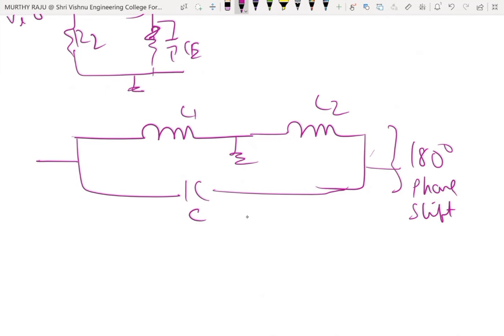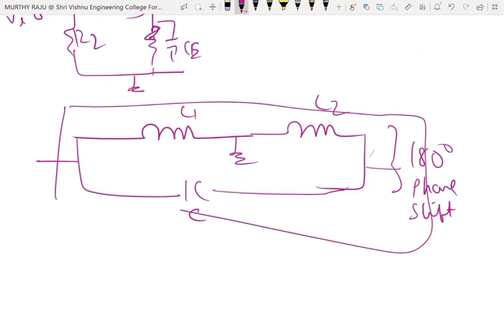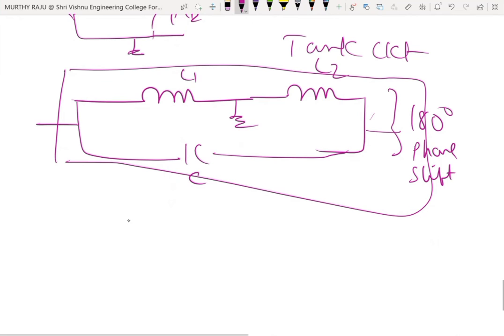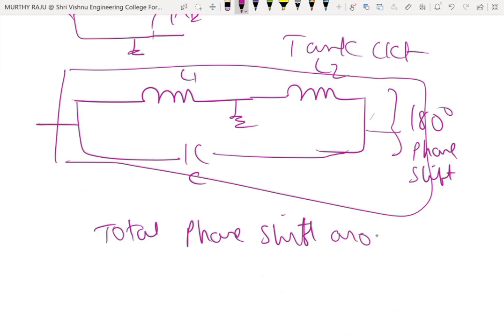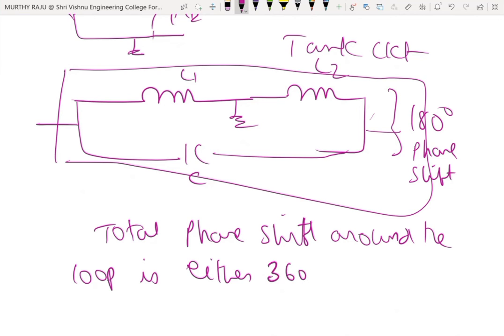That is the reason this L1, L2, C tank circuit introduces another 180 degrees phase shift. Total phase shift around the loop is either 360 degrees or 0 degrees.